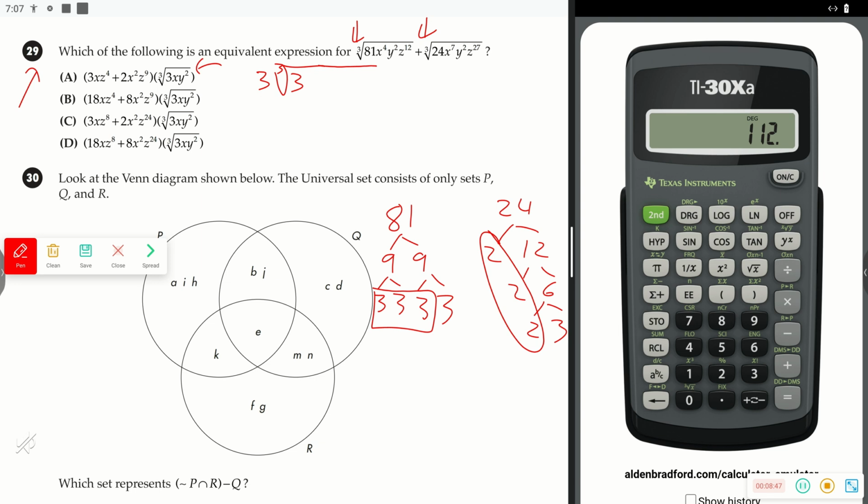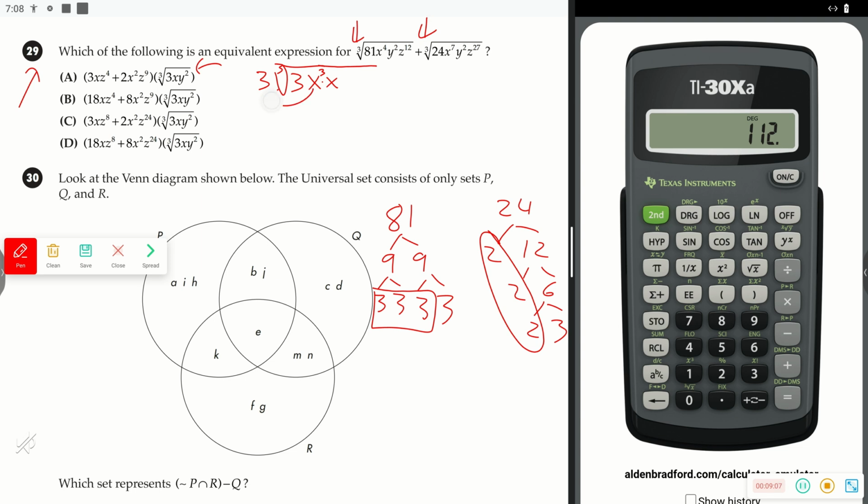We still have to figure out the variables. And for the variables, we actually want to factor out any number that has 3. So for example, x to the 4 can be split up into x to the 3 times x. And if we take the third root of x to the third, that's just going to be x once we factor it out.